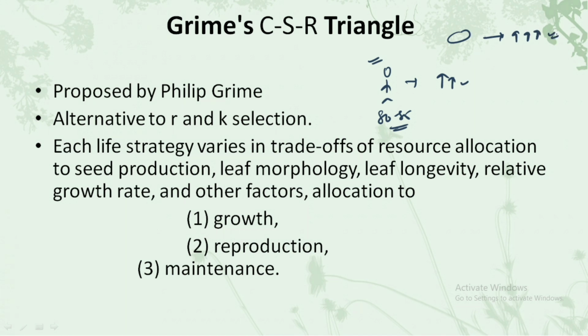The reason for this is the trade-off: in order to have its species survive in the environment for a longer period of time, it needs to produce a larger number of offspring. And the trade-off is for the allocation of growth, reproduction and maintenance. I have given you examples of the same.